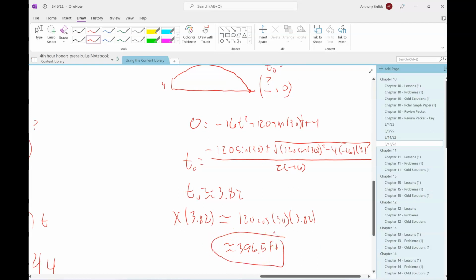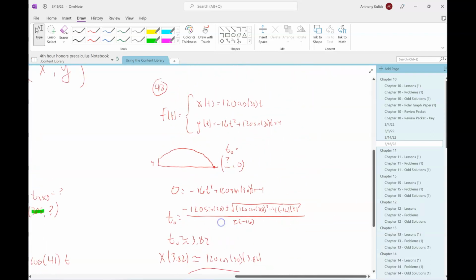Is that okay? When you say x equals 3.82, you're just plugging 3.82 into x. That's x of 3.82. That's not times, because x is a function in terms of t in this equation, right? So I'm plugging a t value into my x of t function.